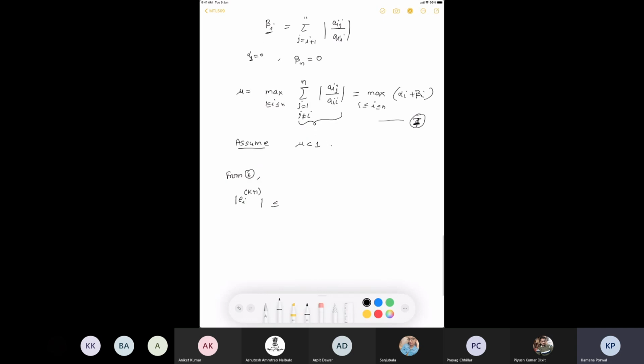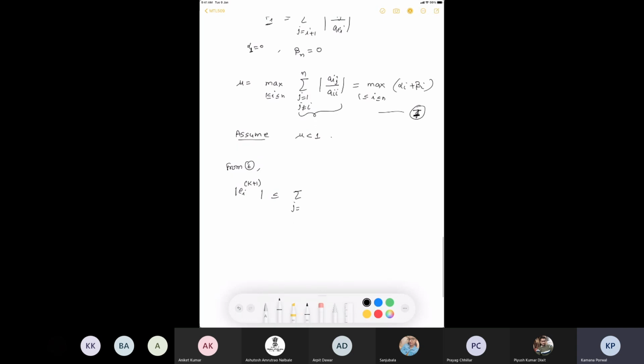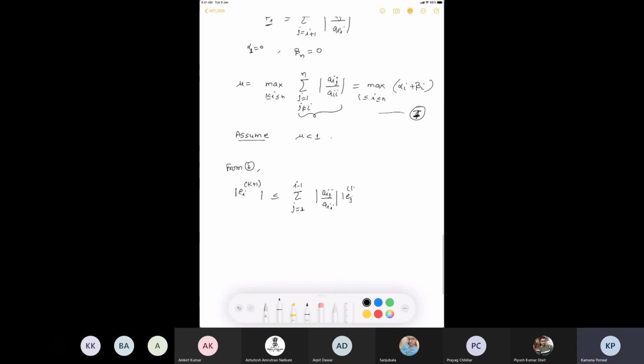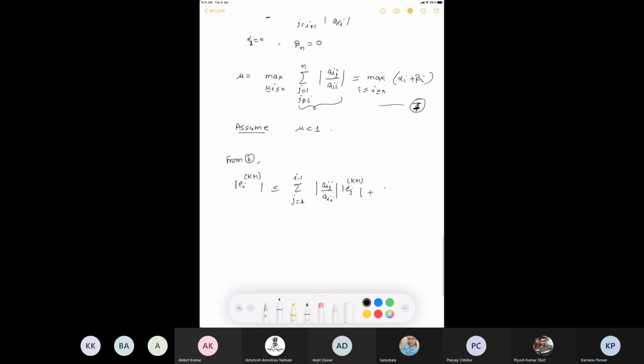First, I'm going to get the summation j equals 1 to i minus 1 of the absolute value of aij divided by aii, and then the absolute value of the jth component of the k plus 1th iterate. And then we have j is equal to i plus 1 to n, the absolute value of this factor times ejk.